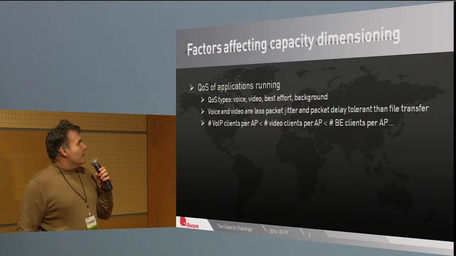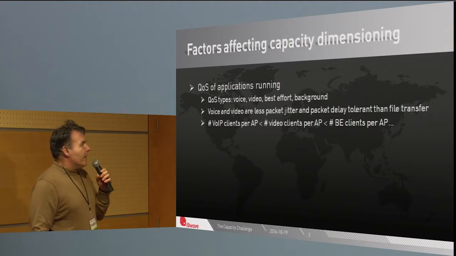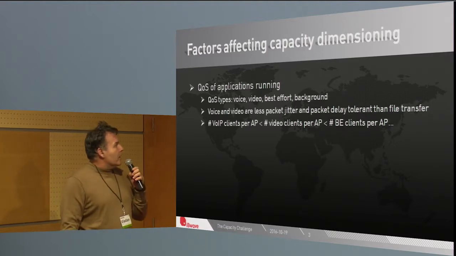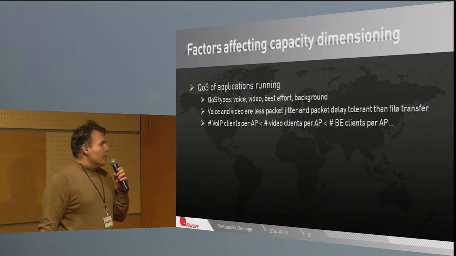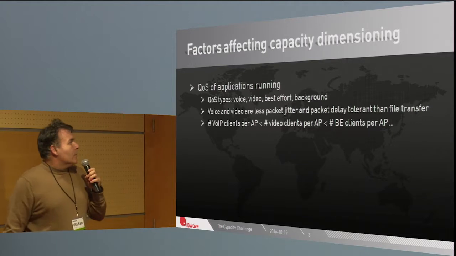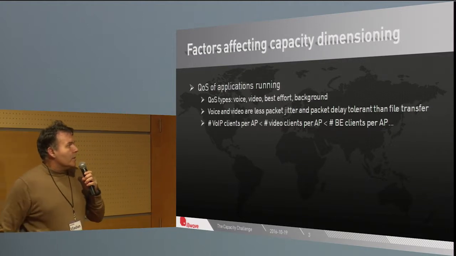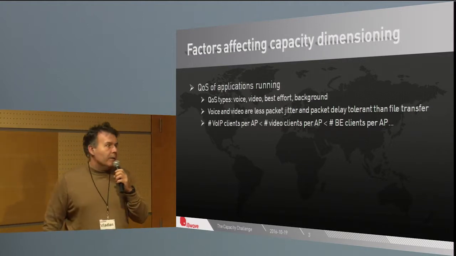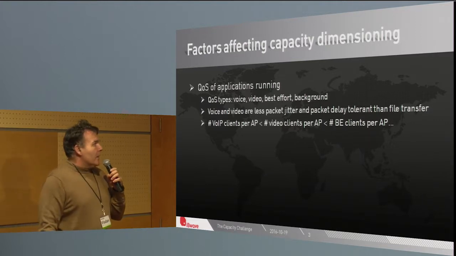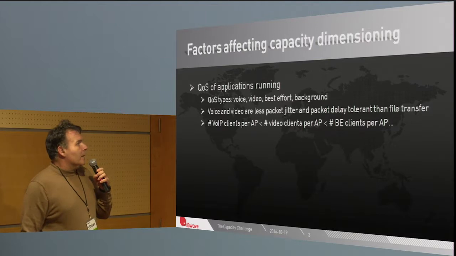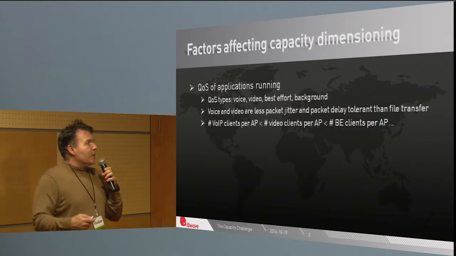To start off, the first and foremost factor affecting capacity dimensioning is the quality of service of the applications that you are running. As you all know, there are 4 QoS types: voice, video, best effort, and background. Voice and video are less packet jitter and packet delay tolerant than file transfer.